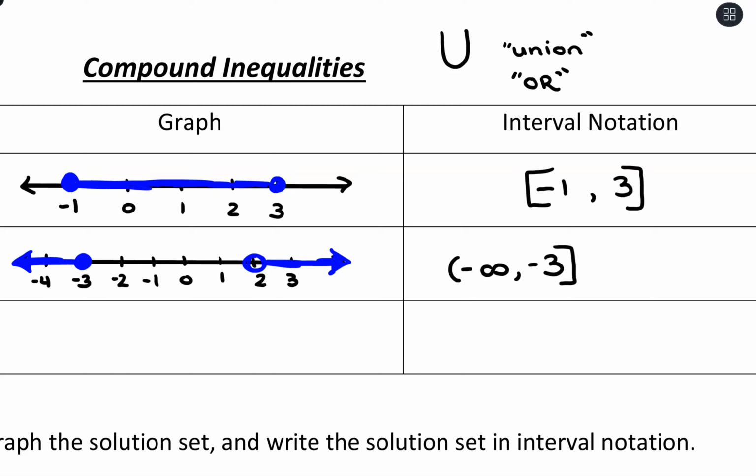So we're going to have this interval from -infinity to -3, union with 2 to infinity, and we're going to use parentheses with 2 because we're not including it, and then we go off to infinity. So we can combine separated intervals with this union symbol to say it's one or the other.